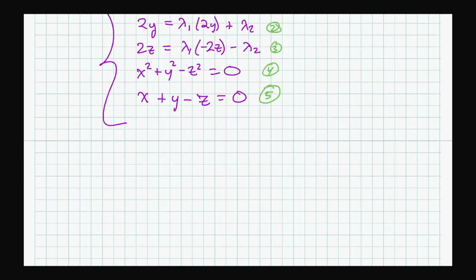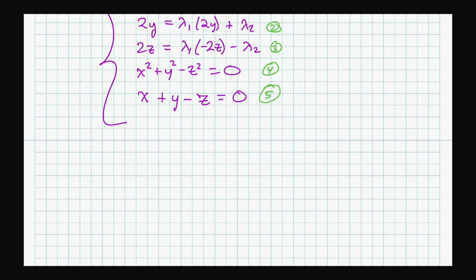So we can get rid of the lambda 2 basically. So that's our first step. We're trying to get it down from 5 variables to 4, from 4 to 3, from 3 to 2, from 2 to 1, and then we'll have hopefully something we can solve. So that's the game plan.